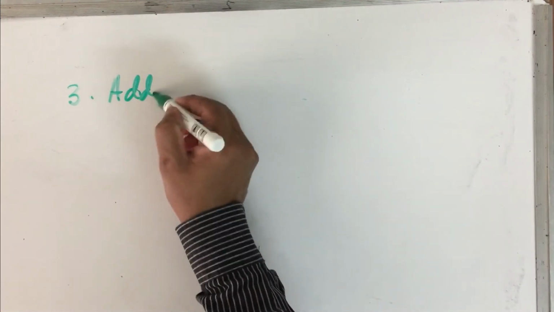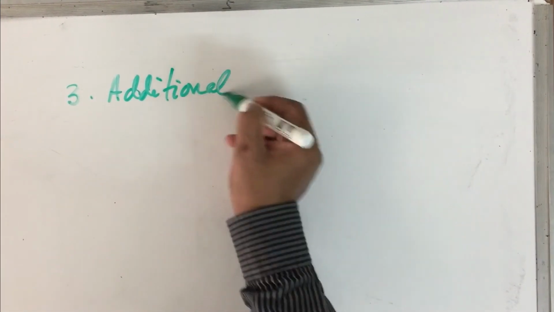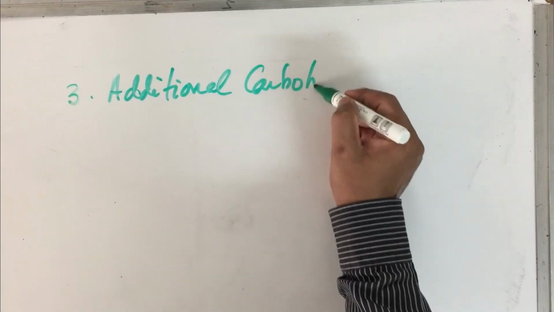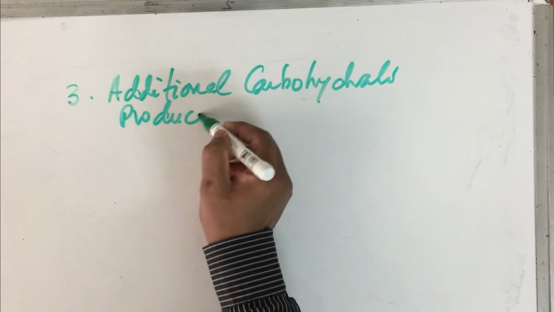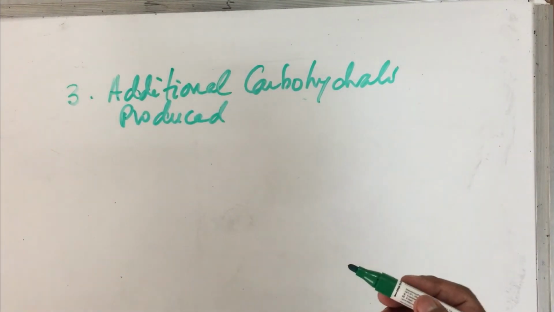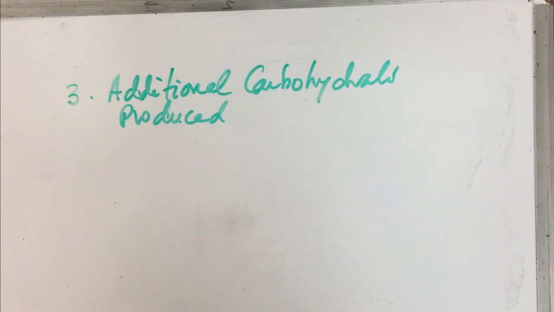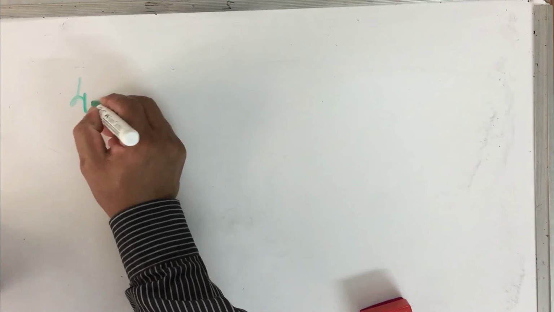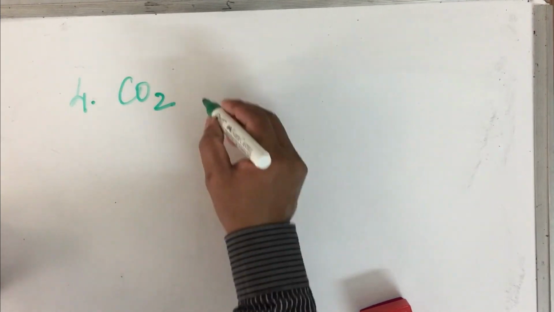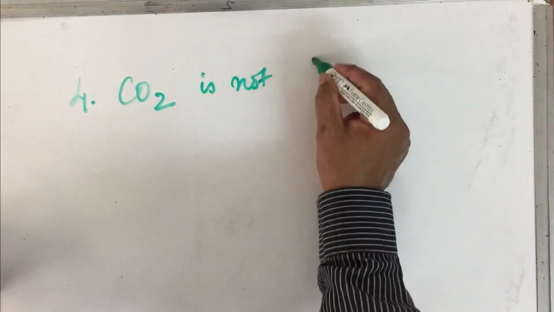Especially through beta oxidation and the glyoxylate cycle, additional carbohydrate can be produced. So this is the third significance of the glyoxylate cycle.